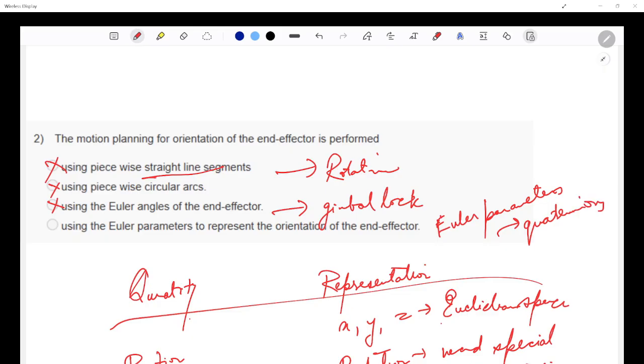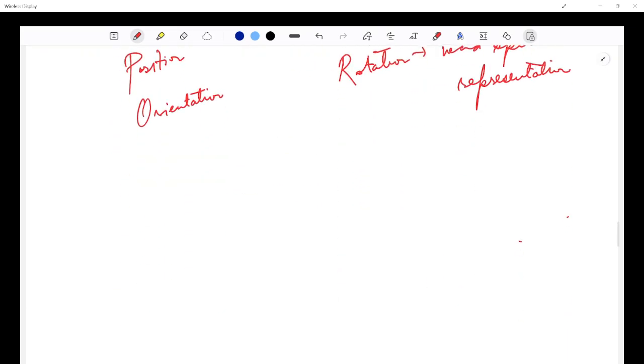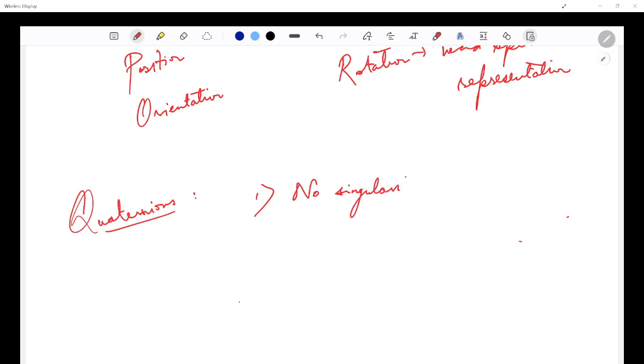If you don't know, you need to read about this. So when angles fail, quaternions prevail. The advantages we have from quaternions are that they avoid singularity, they allow smooth interpolation, and they are well suited for control and planning.